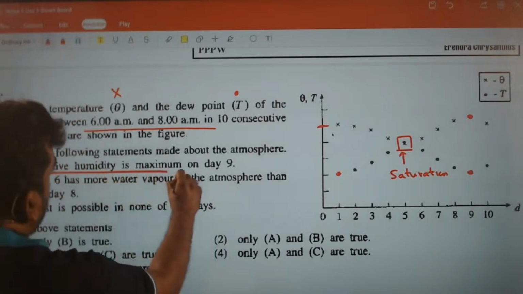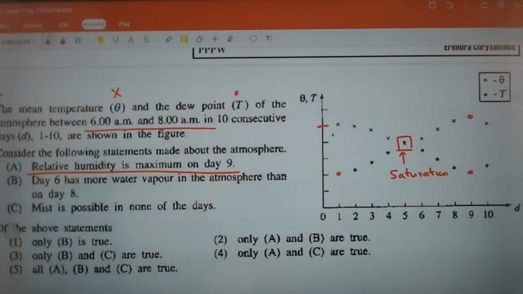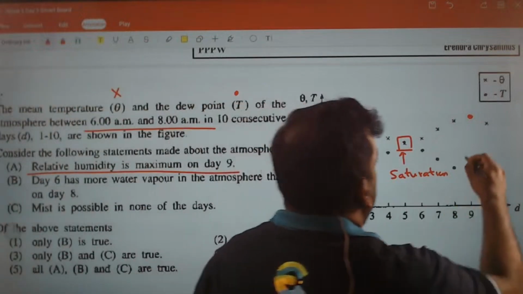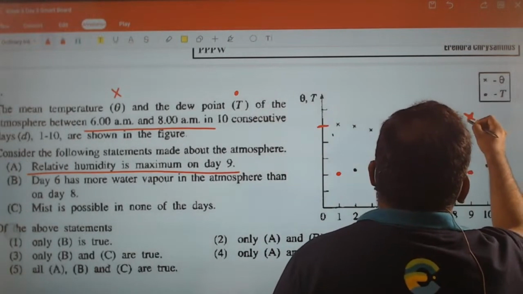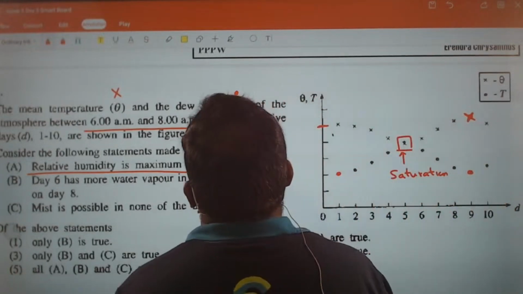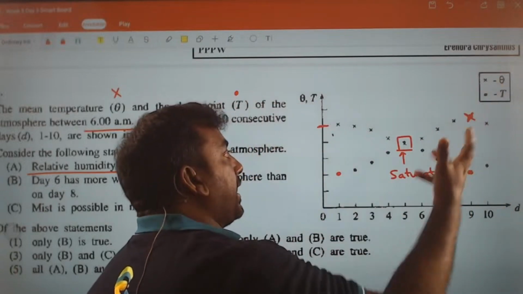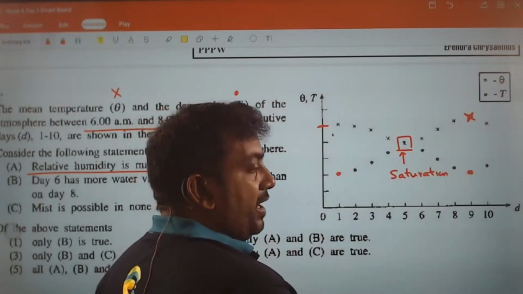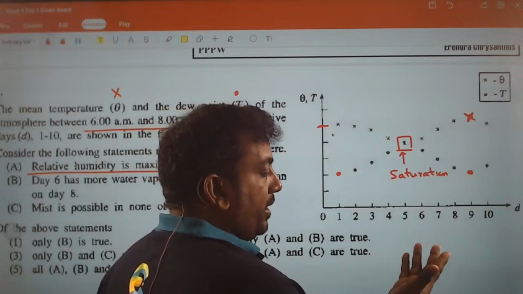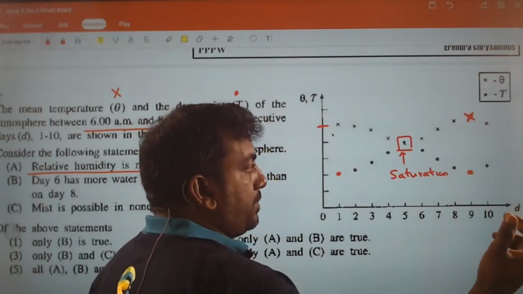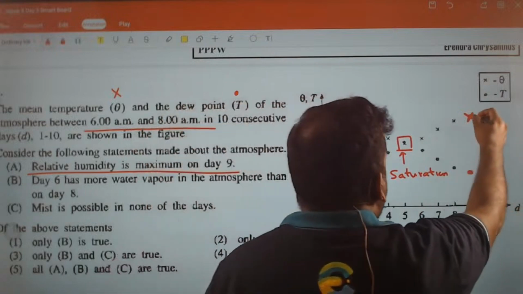On day 9, dew point temperature and mean temperature are different, a large gap. Atmosphere temperature is very high, dew point temperature is very low, so unsaturated vapor.